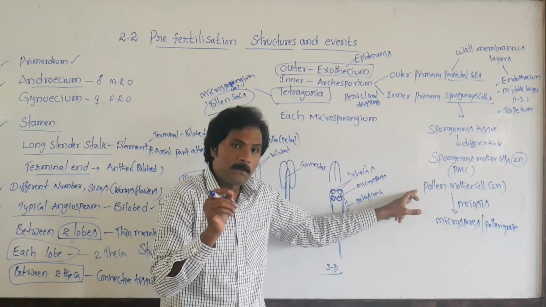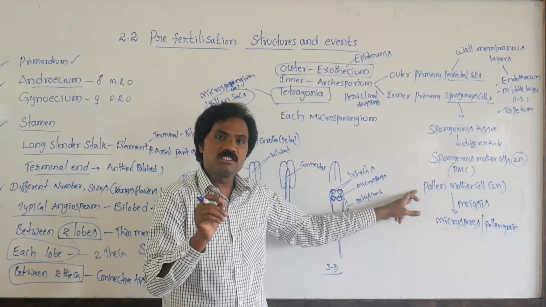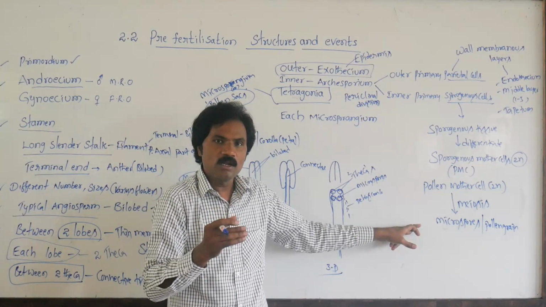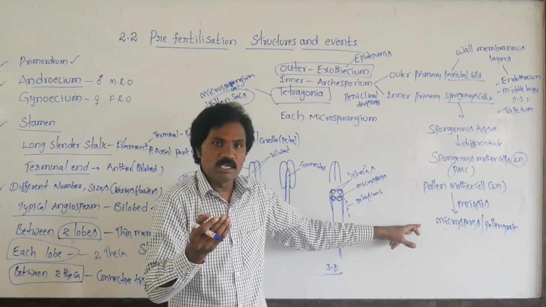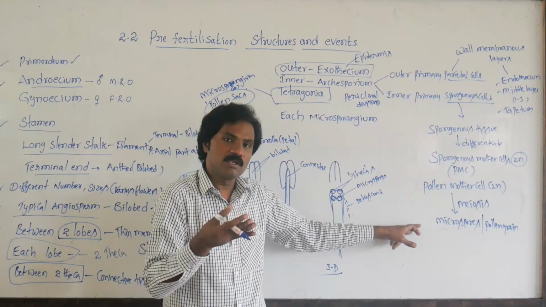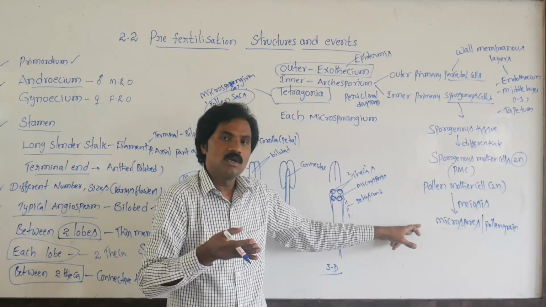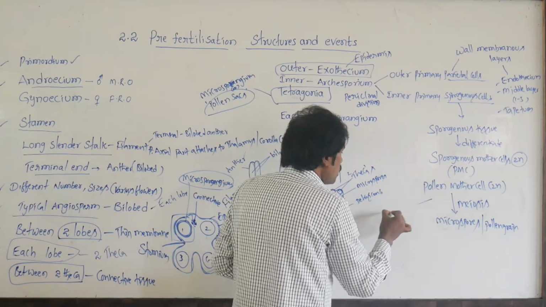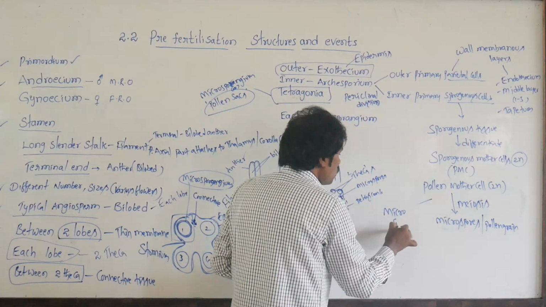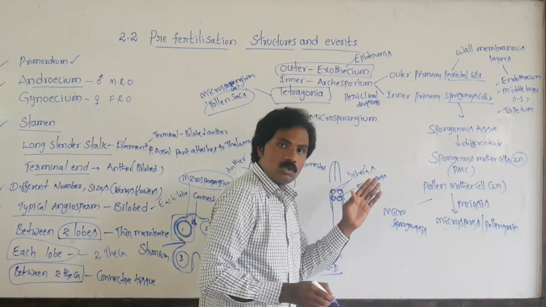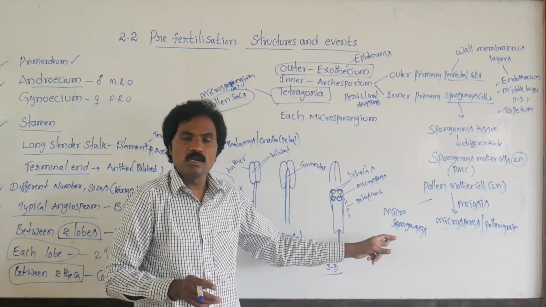That is the process of formation of microspores from the microspore mother cell, or pollen mother cell. This particular process we call microsporogenesis. So this is also a NEET question.